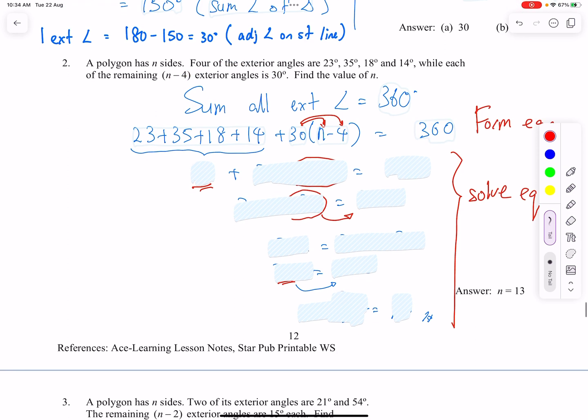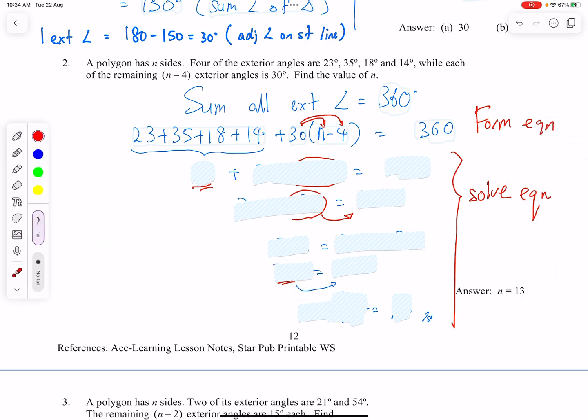What I'm doing here is trying to form an equation. Why is this important? Because forming an equation means you can now solve the equation. First, I will take these four numbers and add them together. I will expand 30 and n, and 30 and 4. I'll get some numbers, and then I'll get 360.